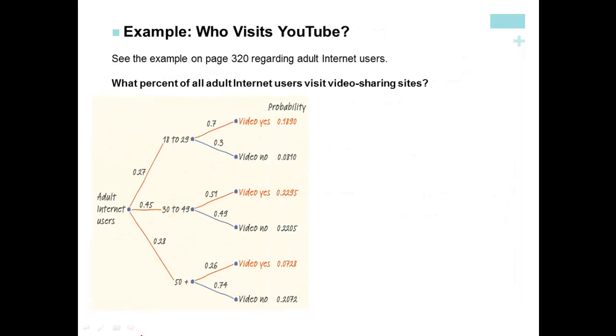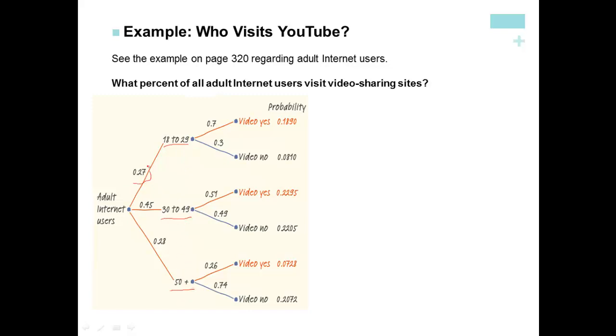For example, if you look at page 320, you can look at this tree diagram as well. This is regarding adult internet users. The question is, what percent of all internet users visit video sharing sites? You can see that the adults are divided up into 3 different categories: between 18 and 29, 30 and 49, and 50 plus.